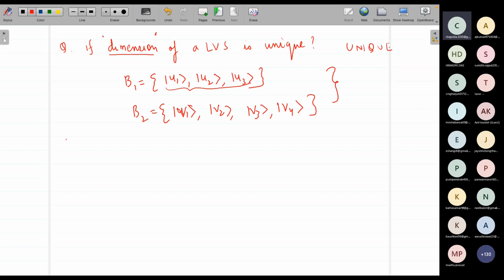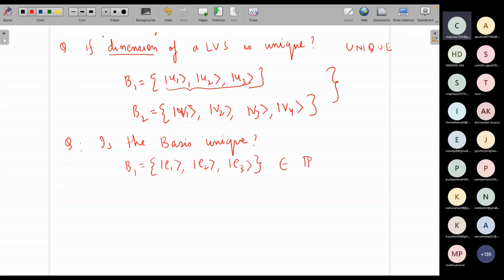Now the question comes, is the basis unique? The actual set of vectors. We already discussed one set, E1, E2, E3, for a 3-dimensional vector space.